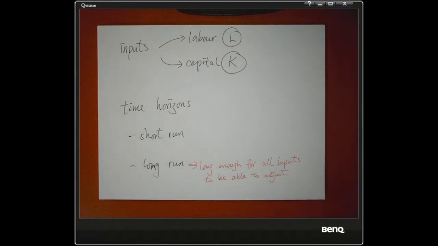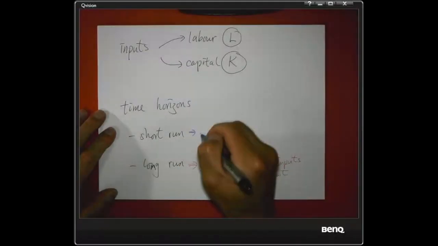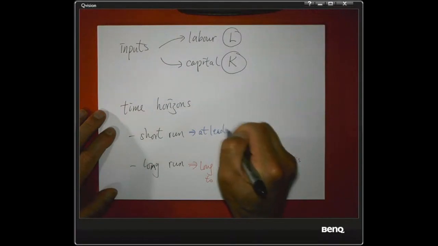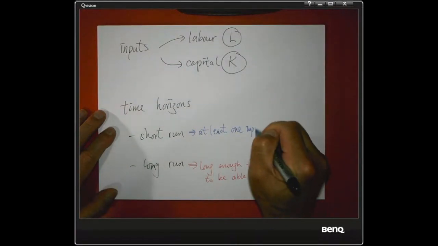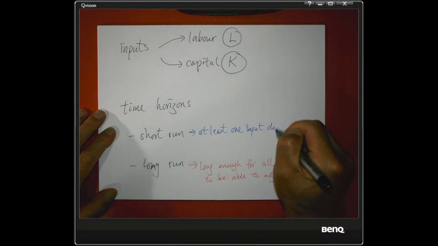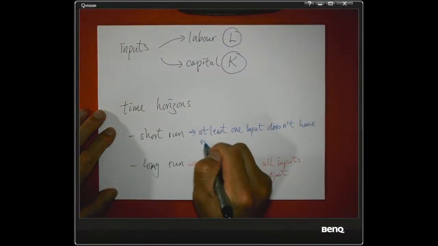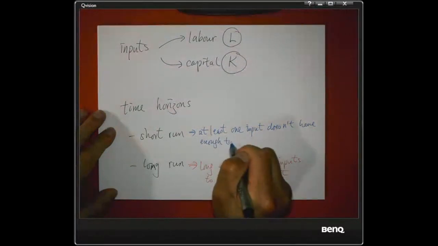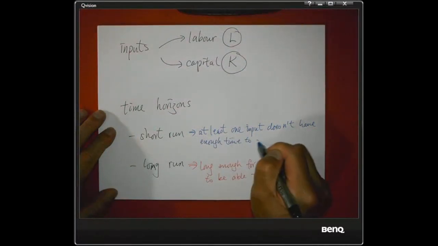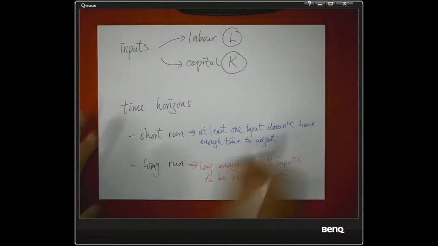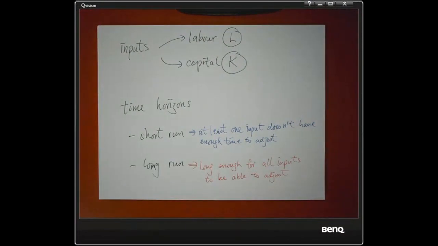So long run means all inputs have enough time to adjust. In other words, short run means at least one input does not have enough time to adjust.